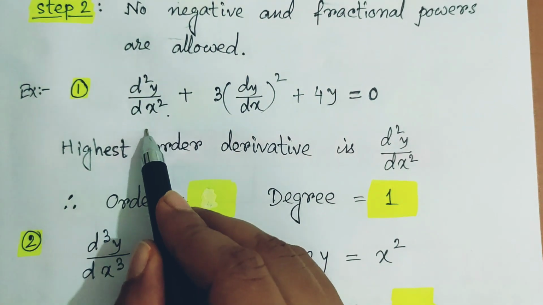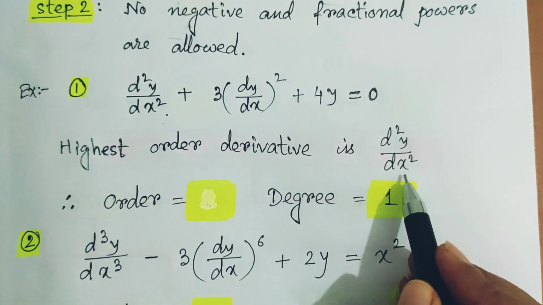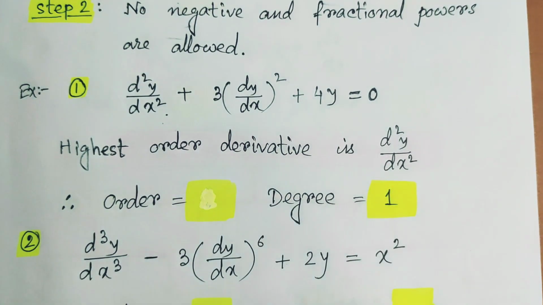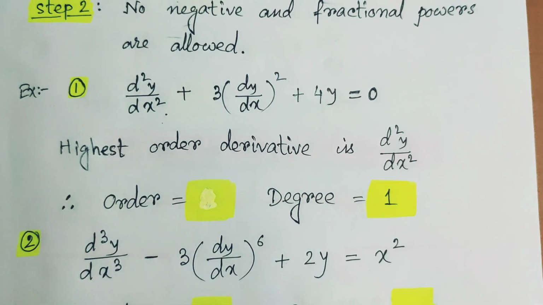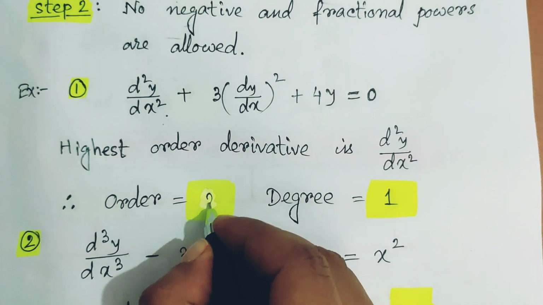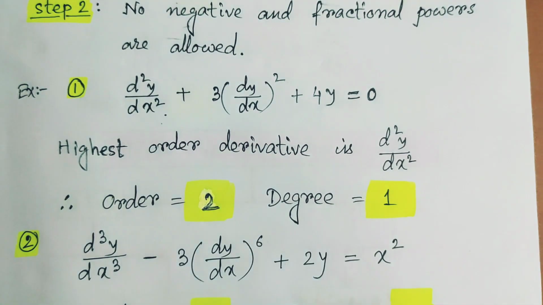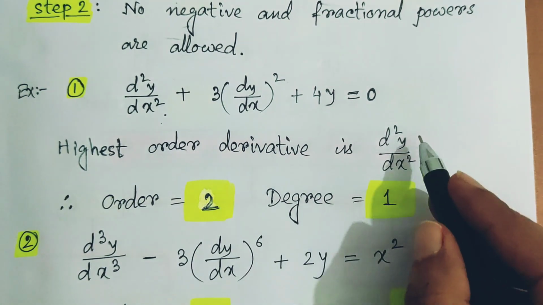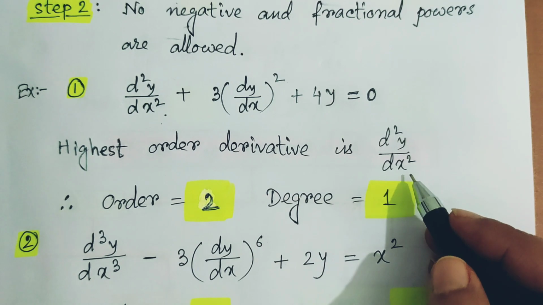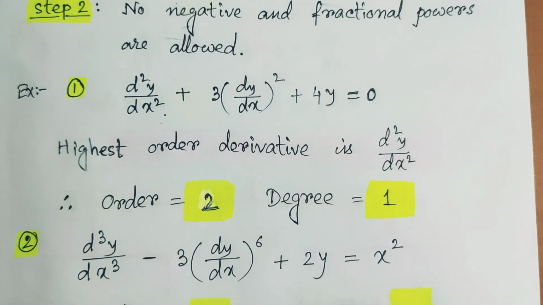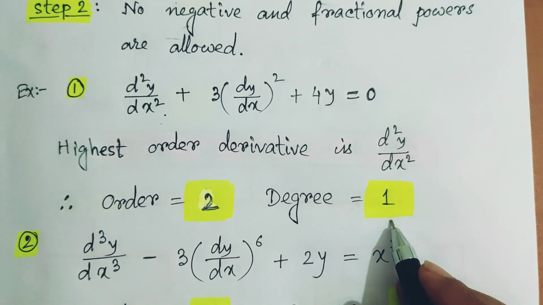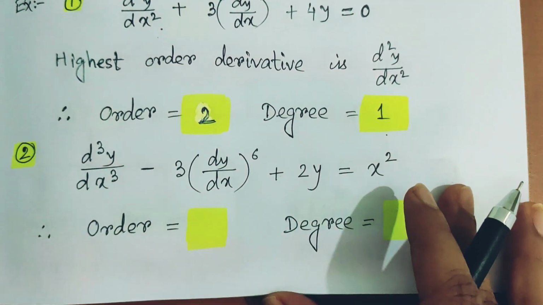Now this one is the highest one and it is the second order derivative. That's why we should say the order of the differential equation is 2. And for the degree, as the highest power of this second order derivative is 1, the degree should be 1.